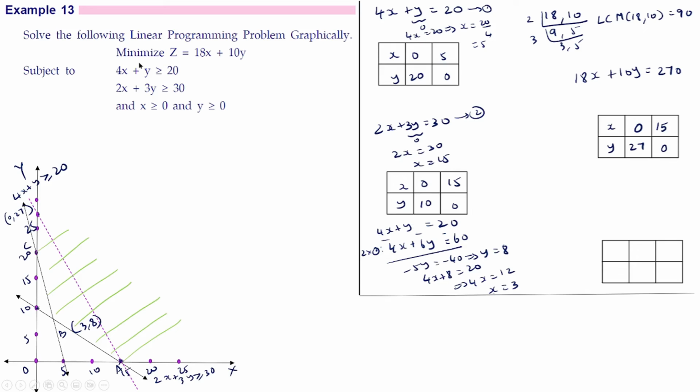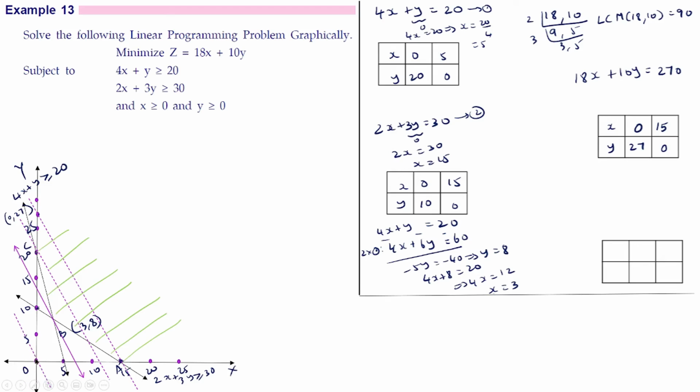Now here we have to find the minimum value of z. So we have to draw lines parallel to this line which is closer to the origin. So let us draw another line which is parallel to the first line that we just now drew and passing through each of the corner points. Let us draw the next line. And now if we see of all these lines, this is the line which passes through this corner point B and it is closest to the origin.